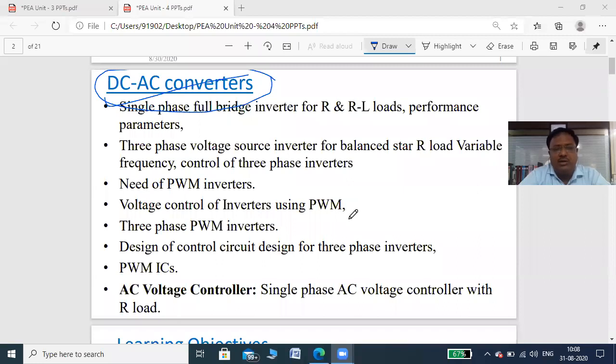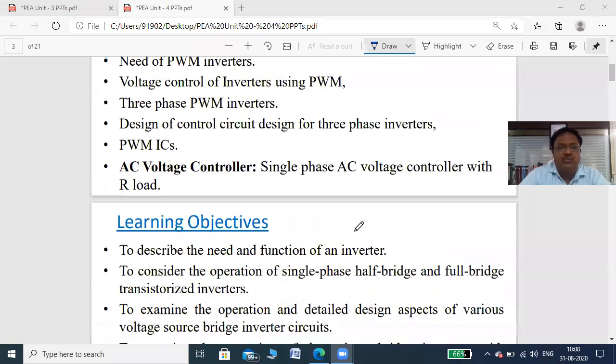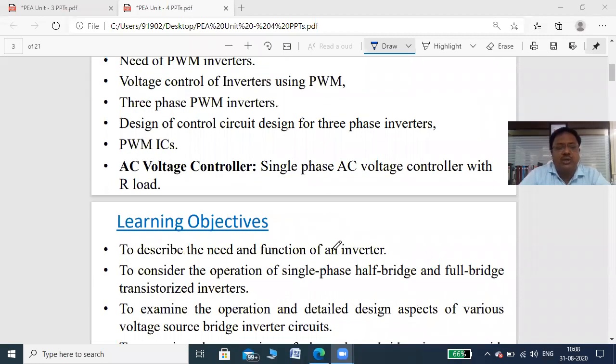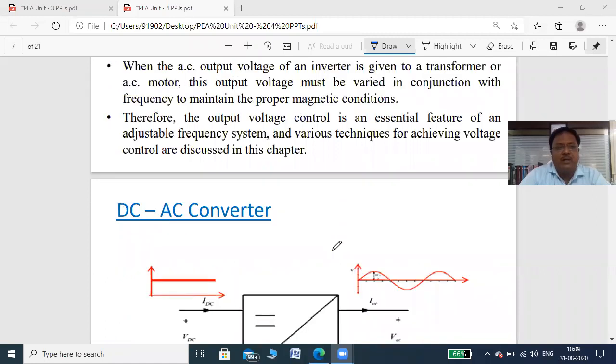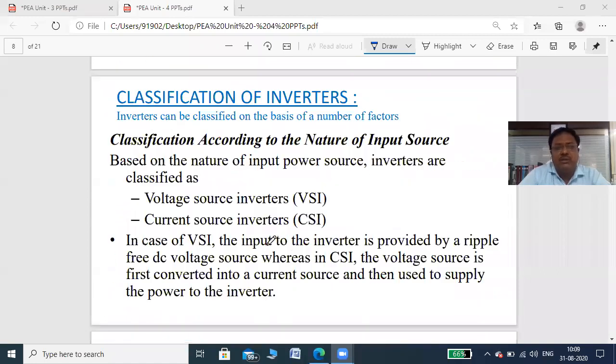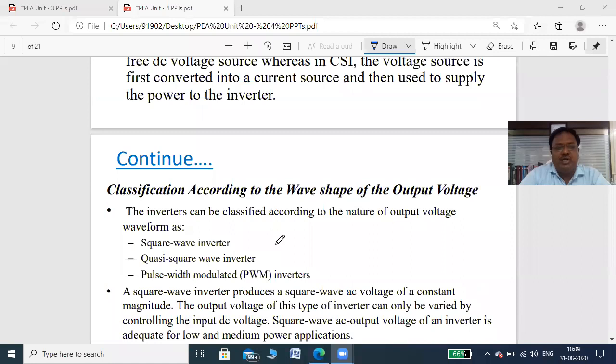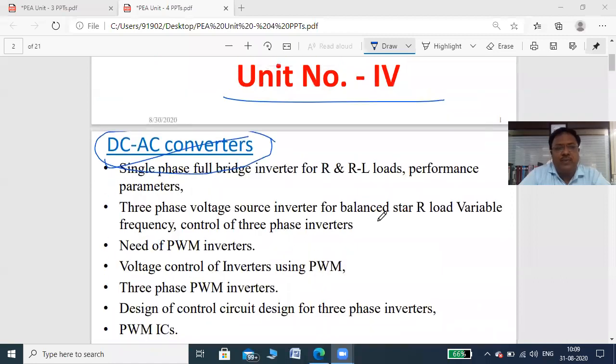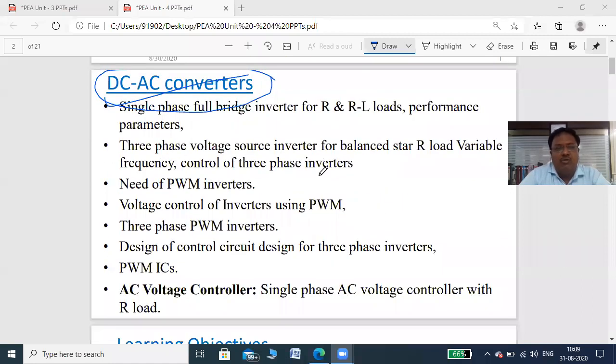So inverter is not a circuit which just converts DC to AC, but the most important thing is that the AC generated by the inverter has variable frequency. See, this is most important. Variable frequency, right?